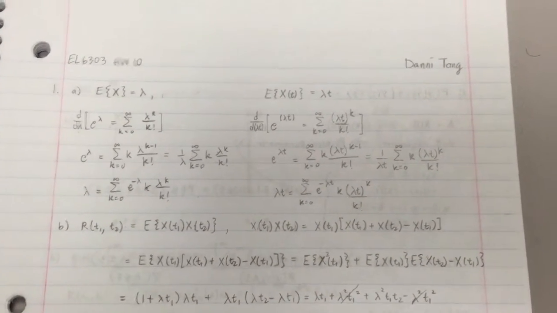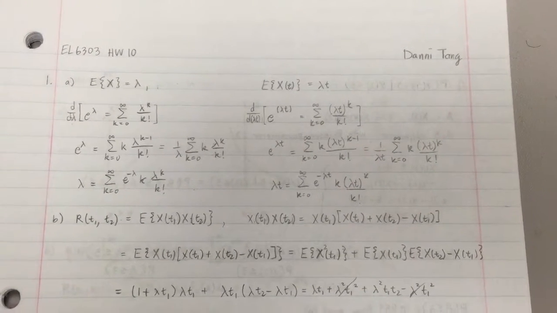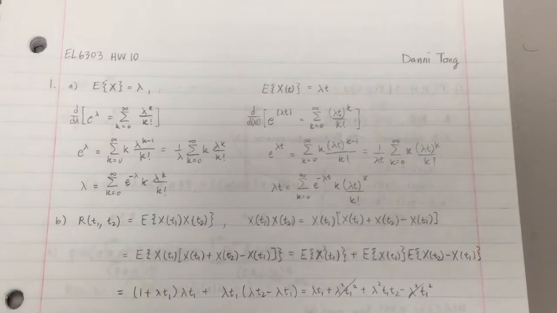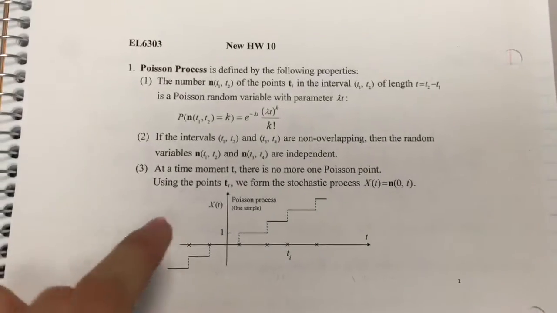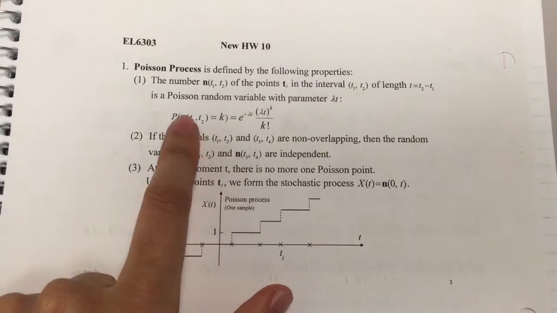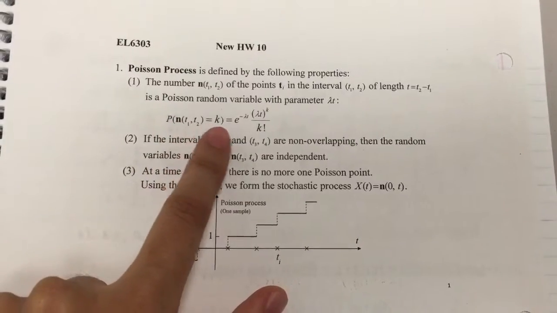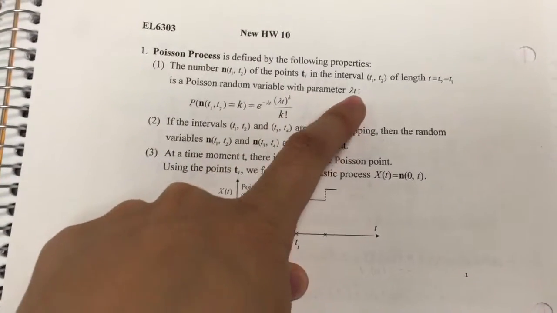Problem 1 gives us a Poisson process that's defined by several properties, and it says that the number of points n(t1, t2) is a Poisson random variable with parameter lambda times t.